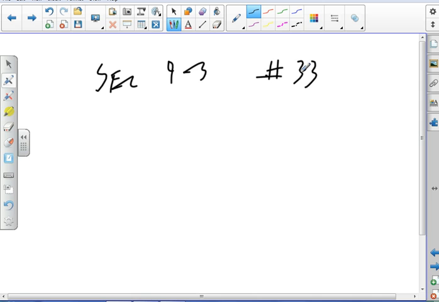Okay, so I'm in 4.3. I'm looking at 33. Okay, so I've got x to the 4th power plus x is equal to 0. Is that the problem?